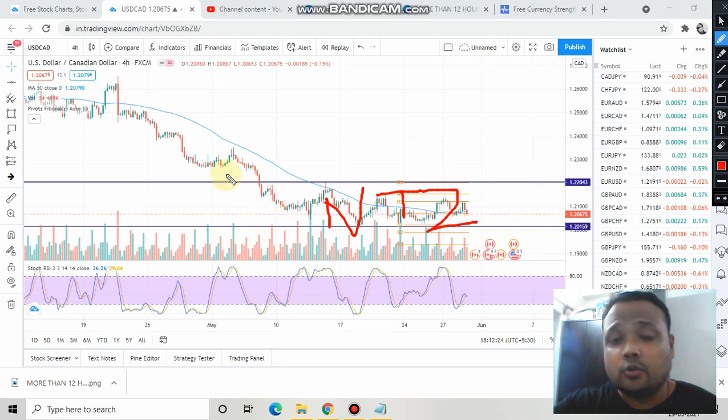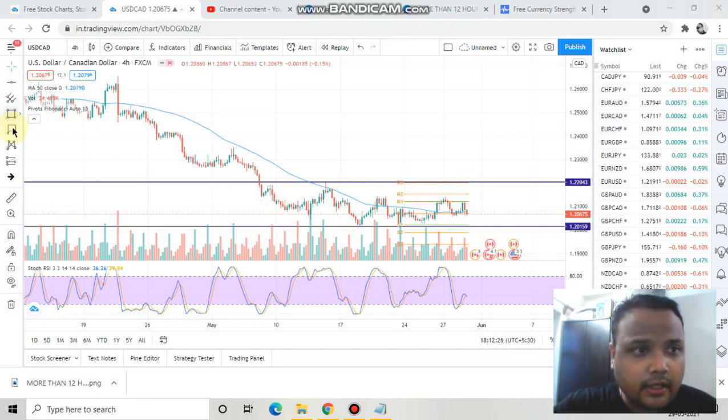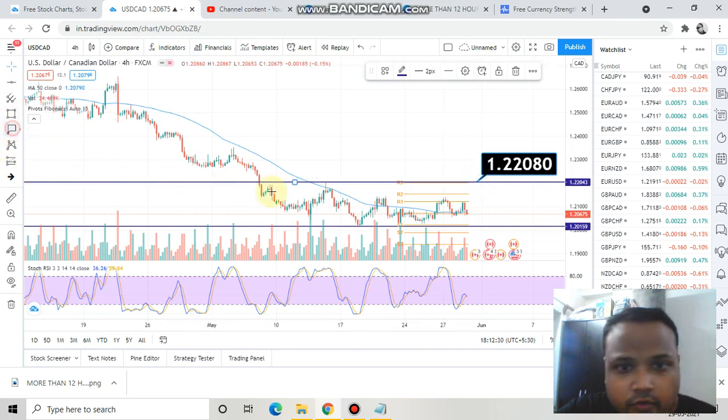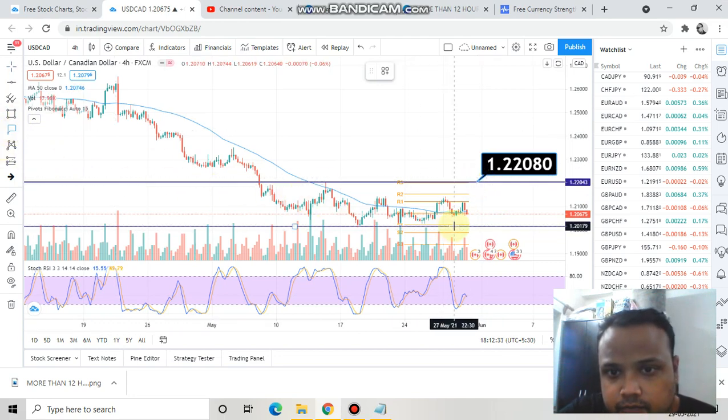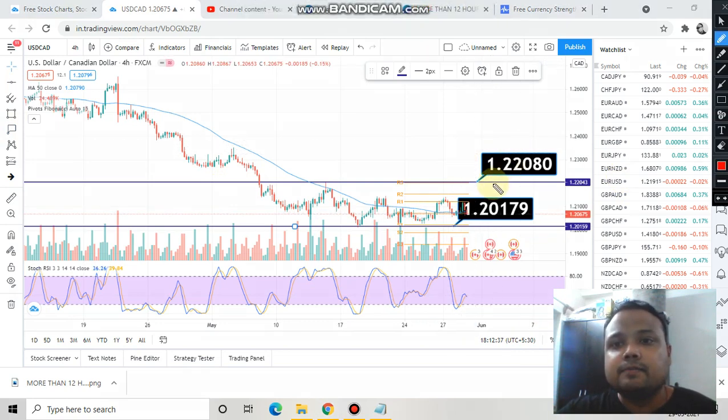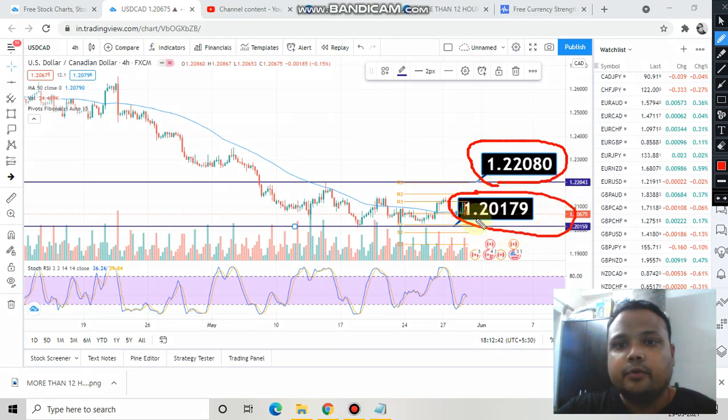And do remember one thing: you do not need to trade until and unless market is in this range. As long as market is trading in between this range, 1.20179 on the downside and 1.2208 on the upside, you do not need to trade. This is your no trading zone.